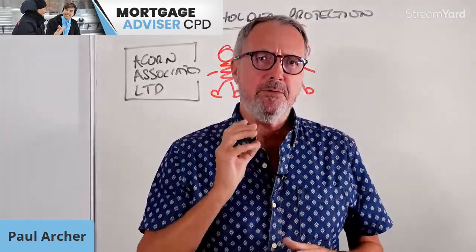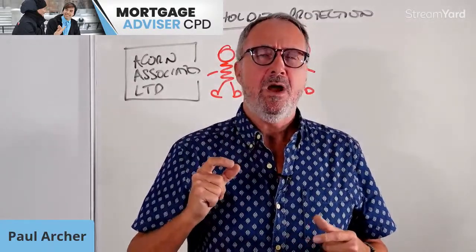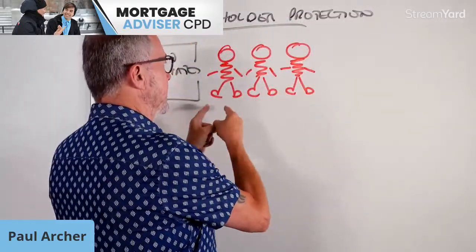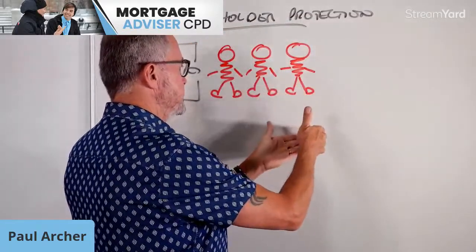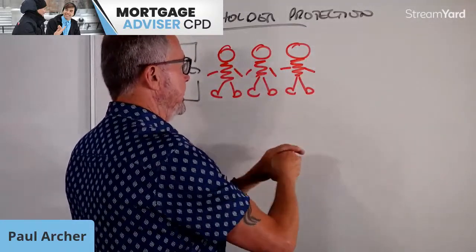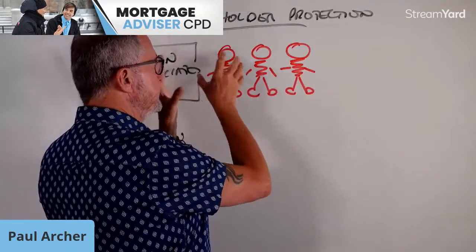Now, the problem we've got here is that when one of those shareholders dies, their shares go off into their estate and get inherited by people. And the other two directors don't like that.